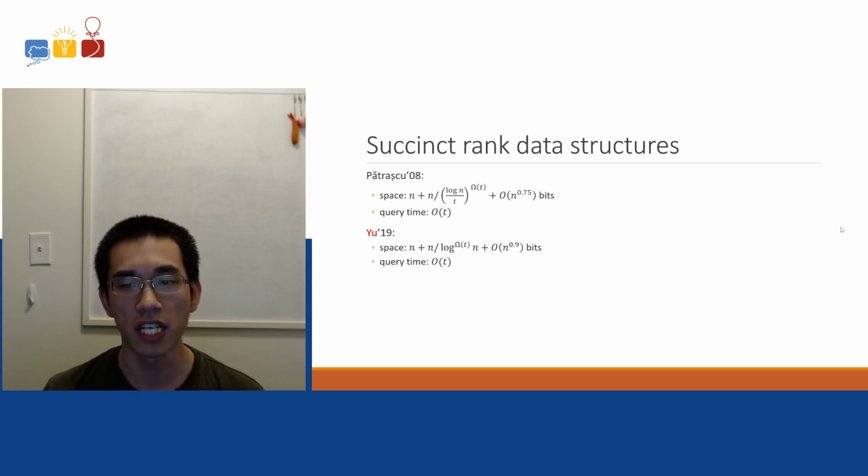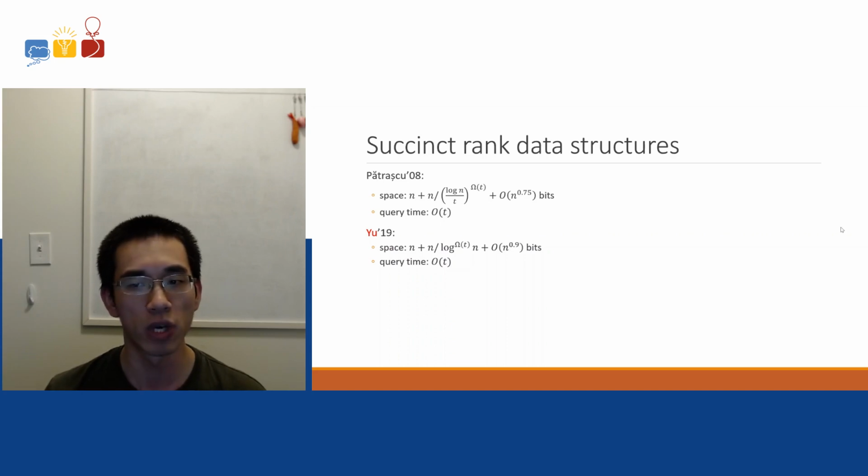And it turns out that there's a way to slightly improve the dependence on t, and it was shown in a recent paper by myself last year, and it improves the space bound to n plus n over (log n) to the t plus n to the 0.9 bits. So the dependence on t becomes better, and the query time is also O of t.